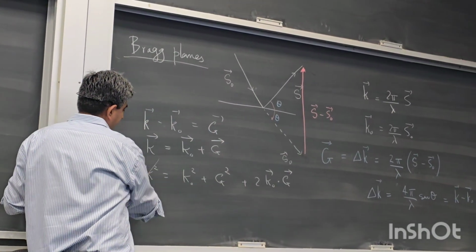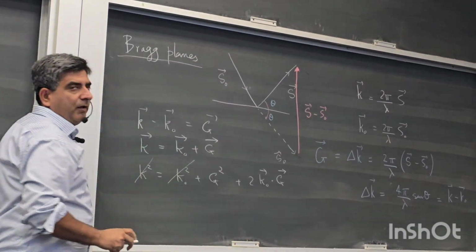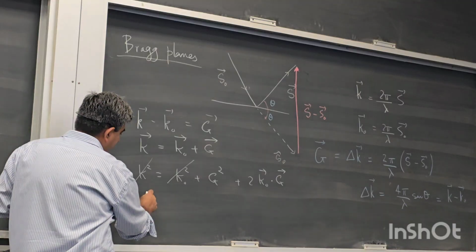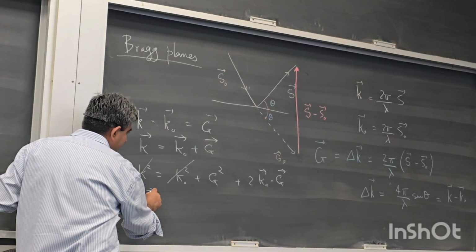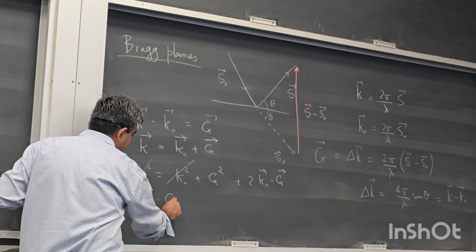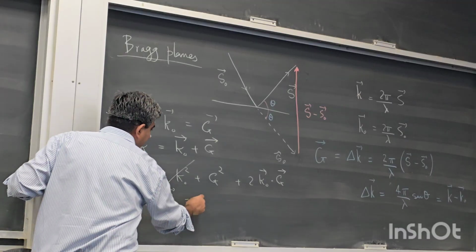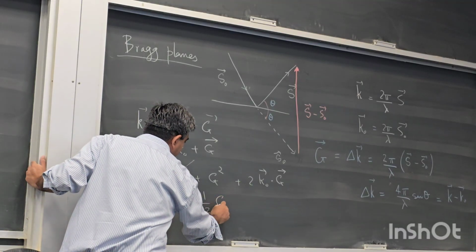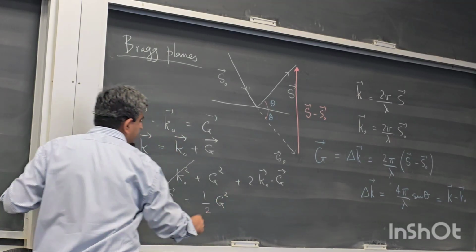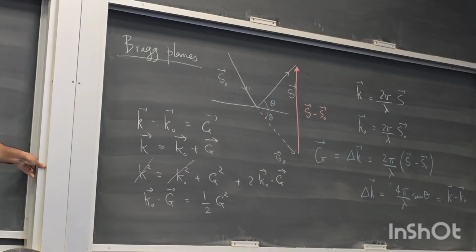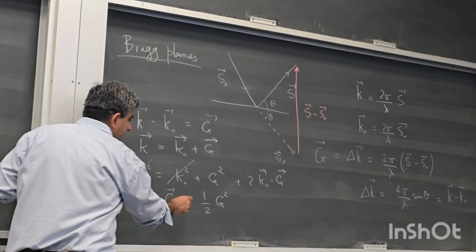Okay, so this k square is the same. So this means that my k naught dot g is minus half g square, correct, with minus sign.